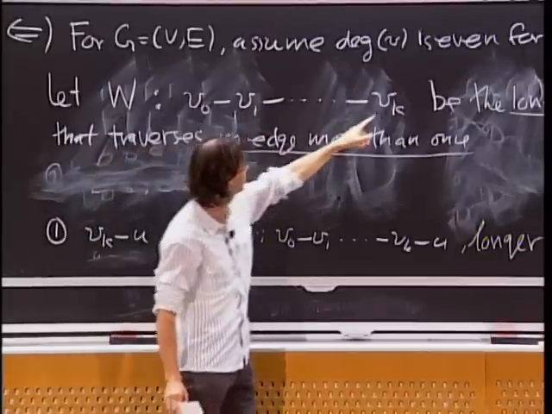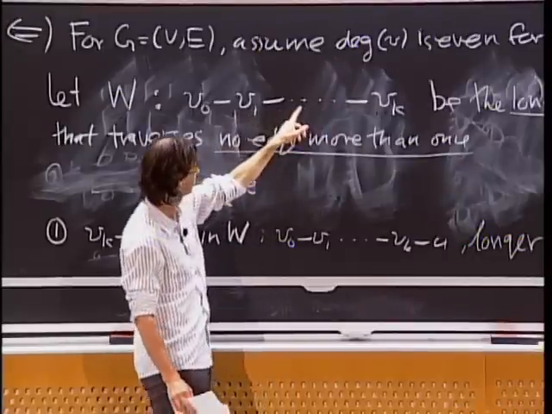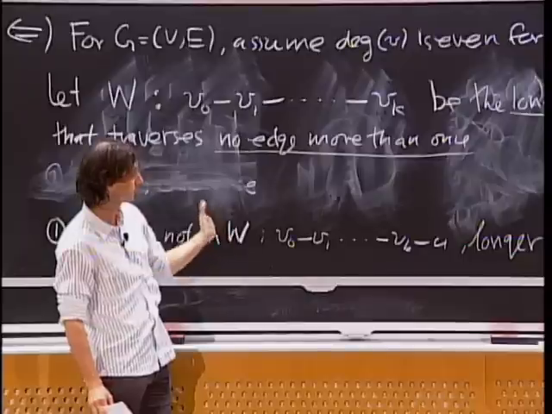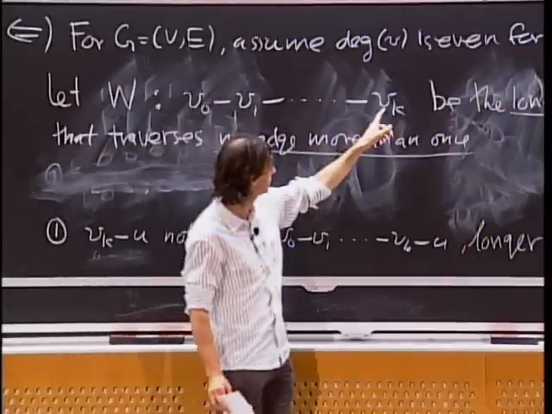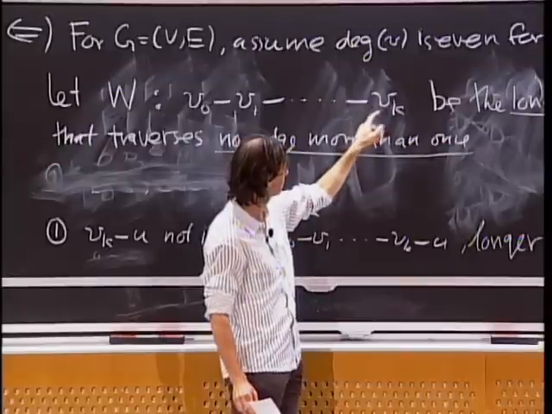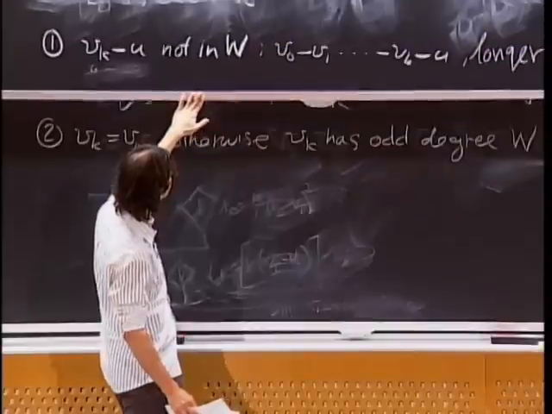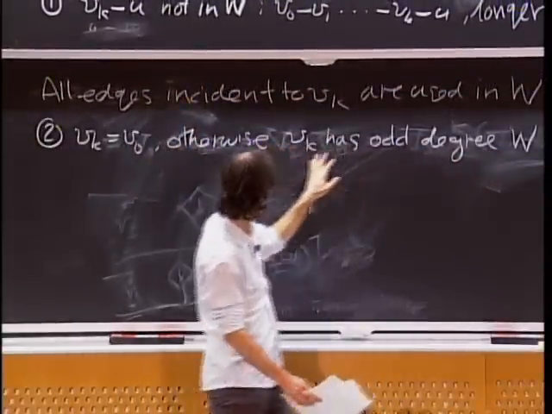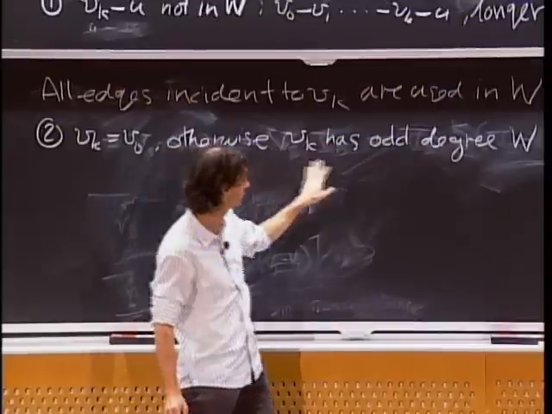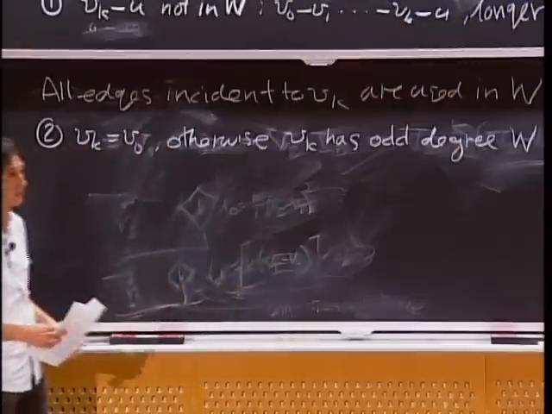So whenever Vk is partaking in this middle part over here, it gives an even contribution to the number of edges in this walk. And it has one extra incoming edge over here. So if V0 is not equal to Vk, we will have an odd degree of edges in W, in which Vk is participating.